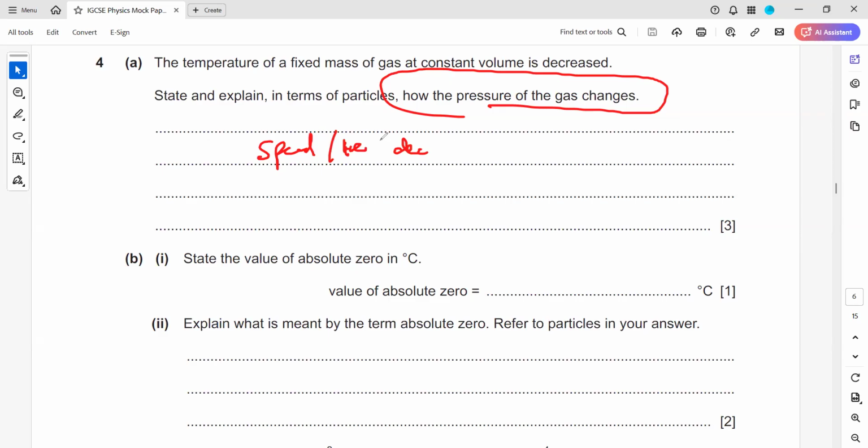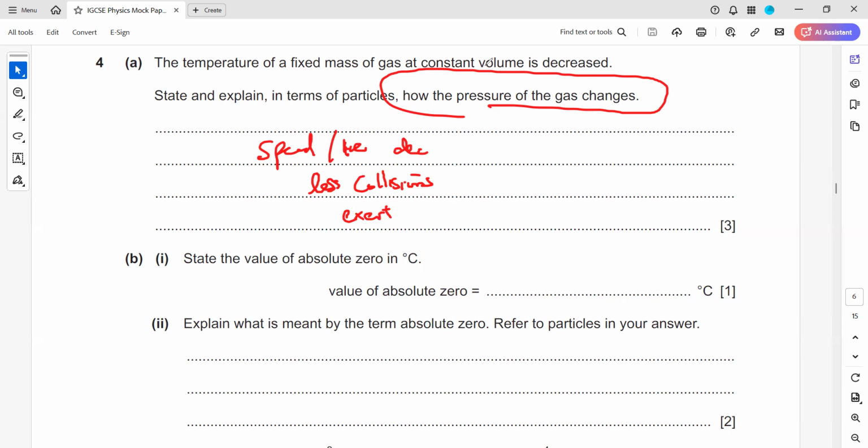So as the speed or the kinetic energy decreases, there will be fewer collisions between the molecules. As there are fewer collisions, they will exert less force on a unit area, or reduce the pressure.